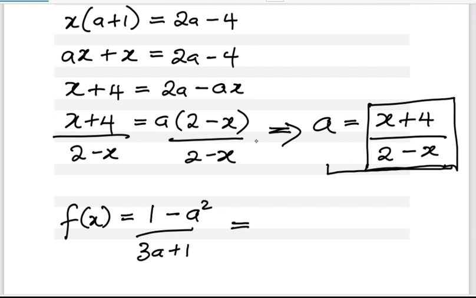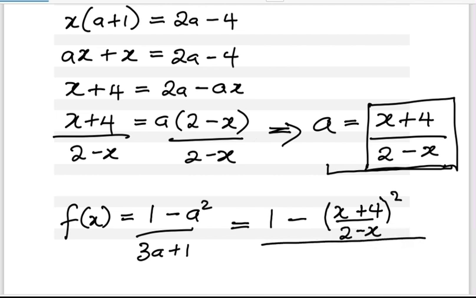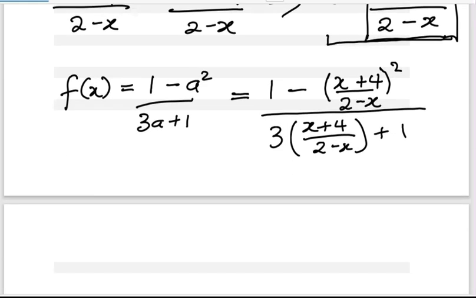So this will be equal to 1 minus x plus 4 over 2 minus x all squared, all over 3 into x plus 4 over 2 minus x plus 1. Okay, and we're going to solve for this.